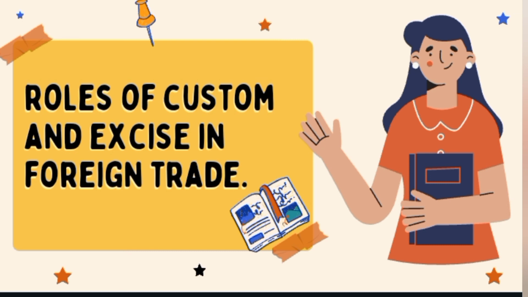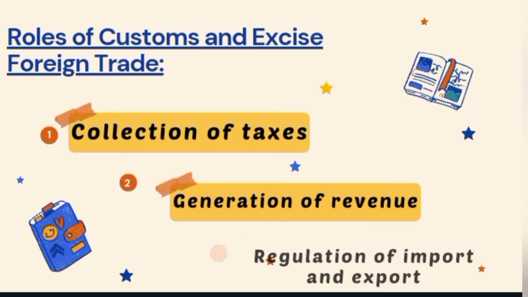Some of the roles of custom and excise department in foreign trade are the collection of taxes. Custom and excise department are responsible for collecting duties on imported and exported goods. It is also a means of generating revenue for the government.